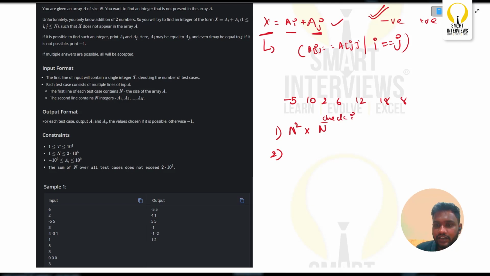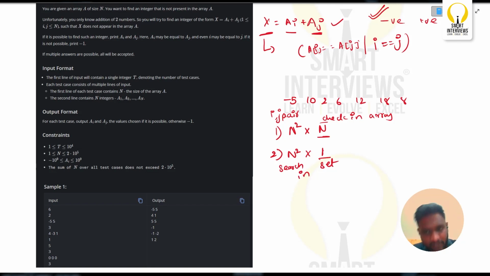Next, we can optimize the search by keeping the elements in a set and searching for the sum of the pairs.